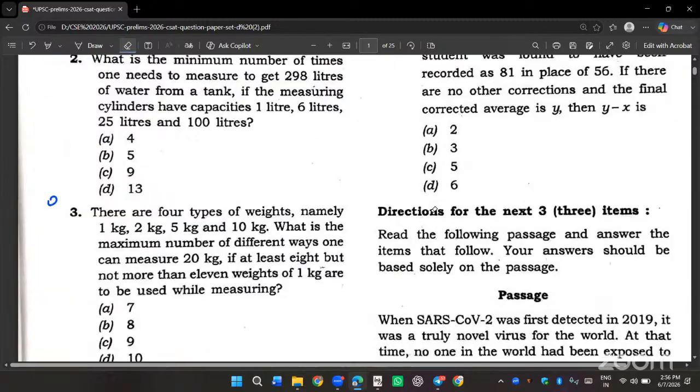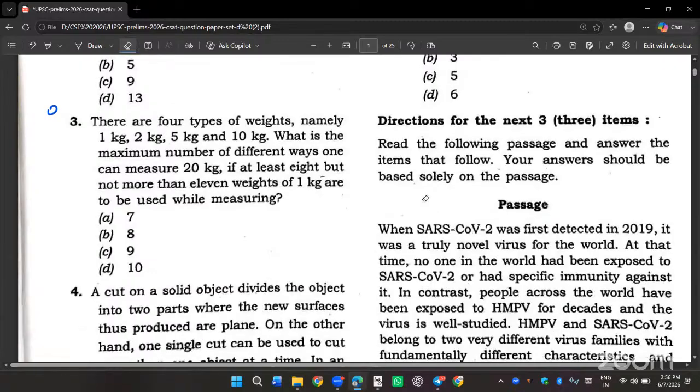Next, third question. 4 types of weights we have: 1 kg, 2 kg, 5 kg, 10 kg. You have to measure 20 kg. What is the maximum number of different ways you can measure 20 kg?